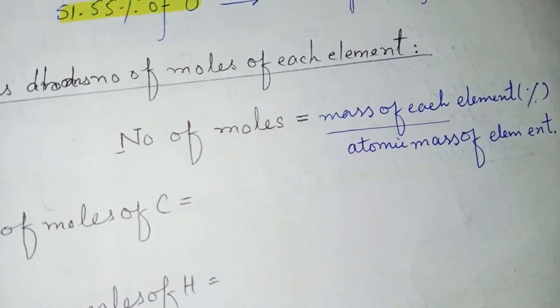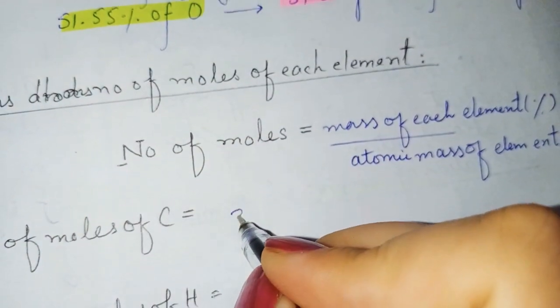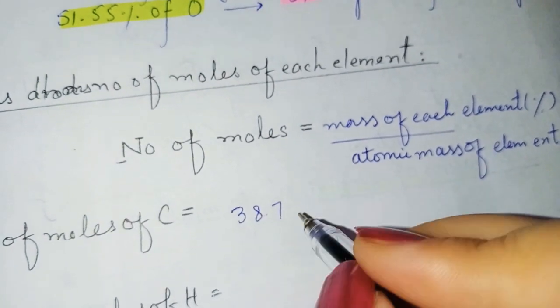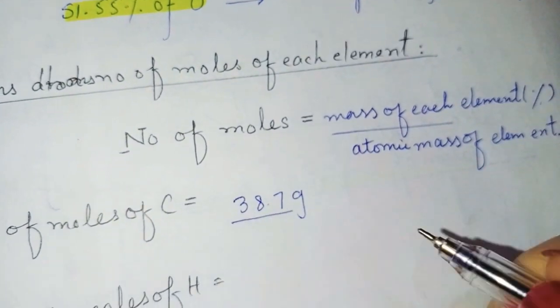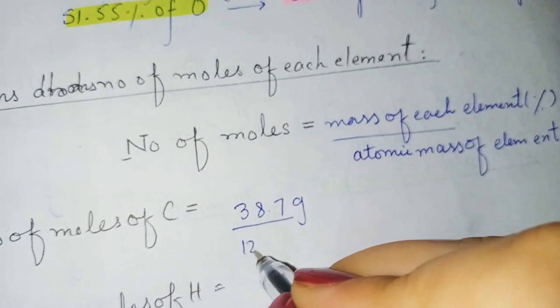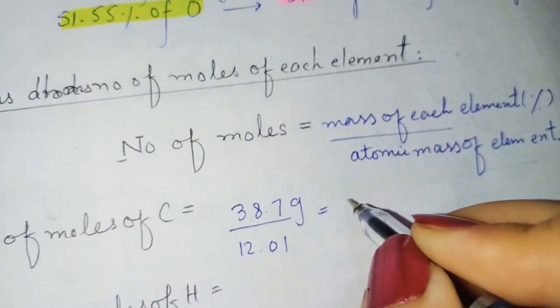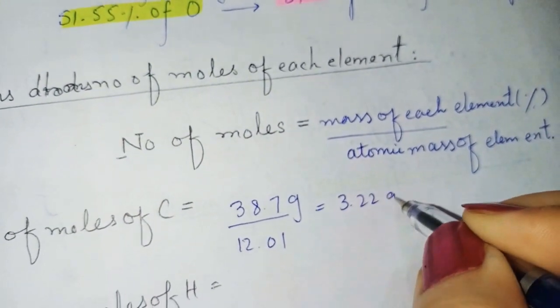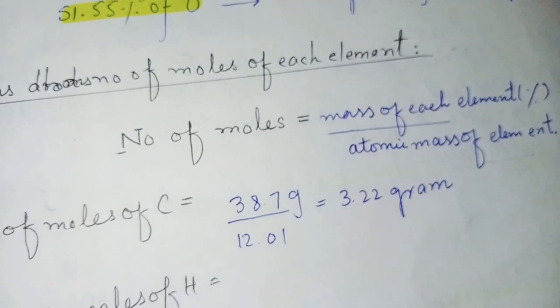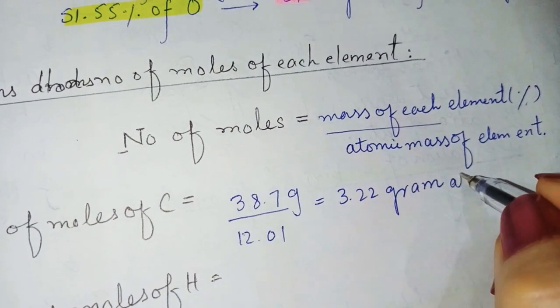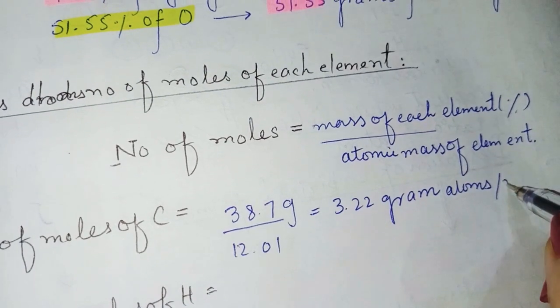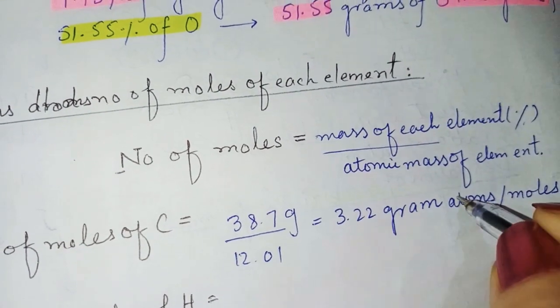So let's see. For carbon, we have the percentage composition 38.7 grams of carbon divided by its atomic mass, that is 12.01. It will give you 3.22 gram atoms, or the number of moles of carbon.